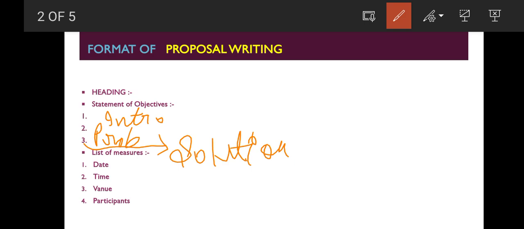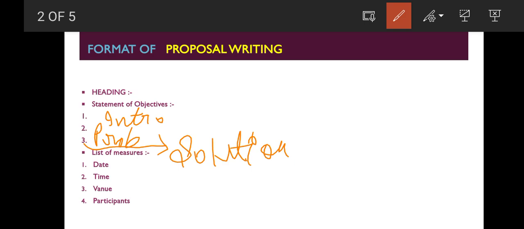Just suppose the people to whom you are giving this proposal have a lot of proposals over there. They would have 30 to 40 stacks of proposals, so they do not have that much time to check your proposal line by line and see everything very deeply.